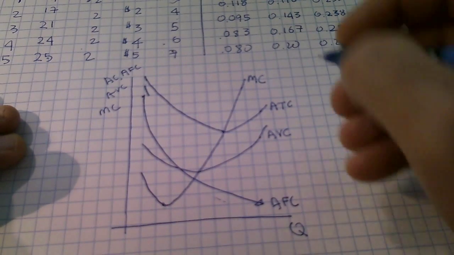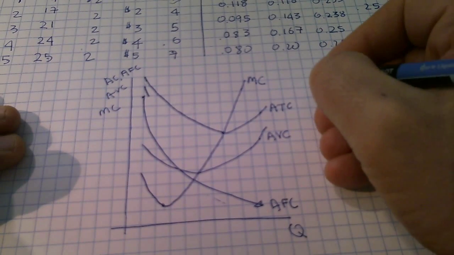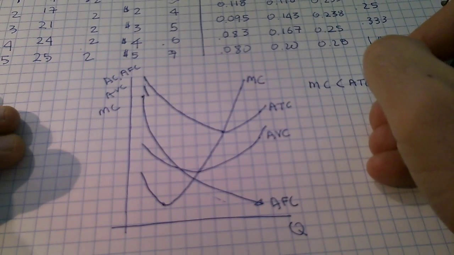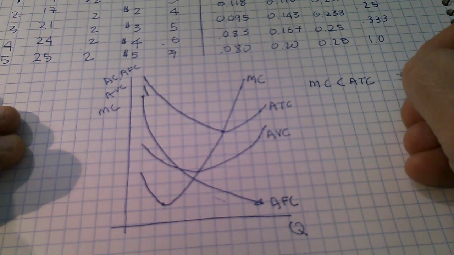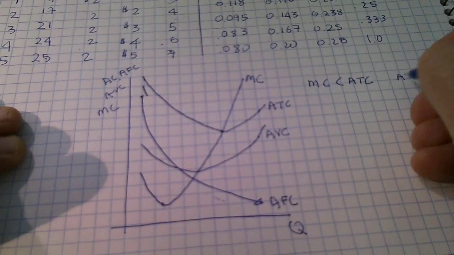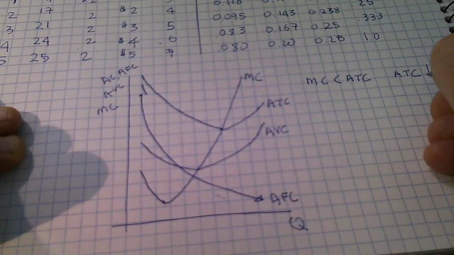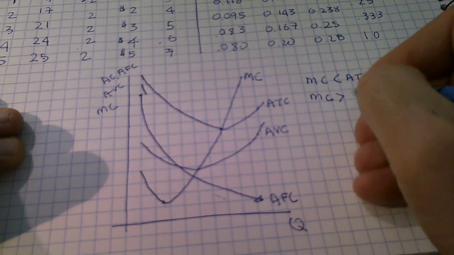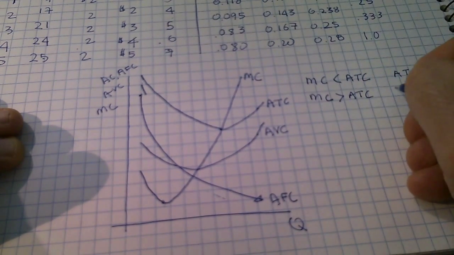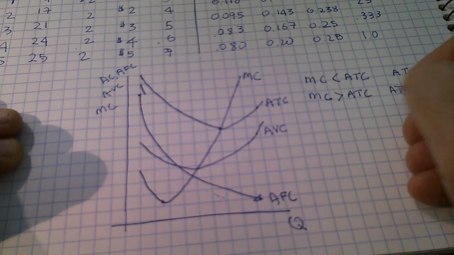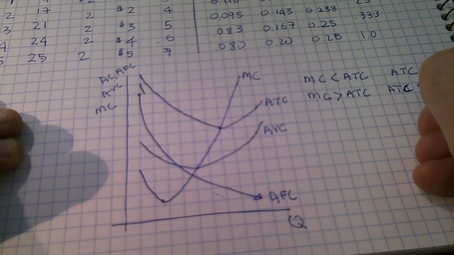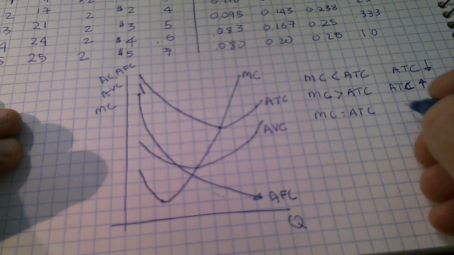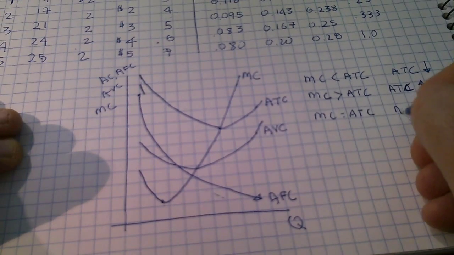The other thing to observe is that as long as marginal cost is less than average total cost, average total cost will fall. And if marginal cost is above average total cost, average total cost will rise. And if marginal cost is equal to average total cost, then average total cost either is at the minimum or will not change.